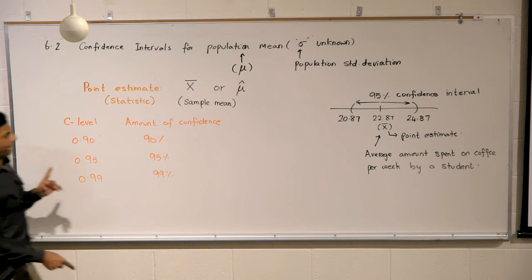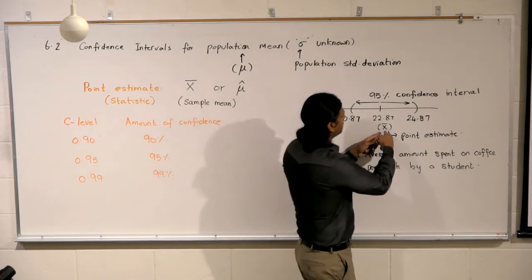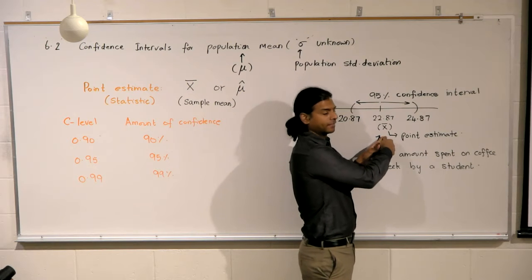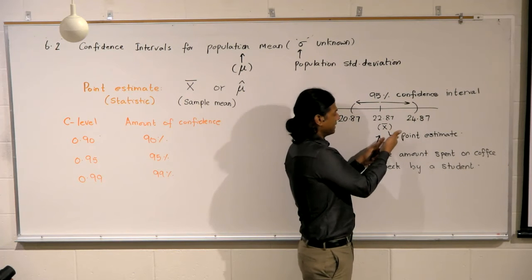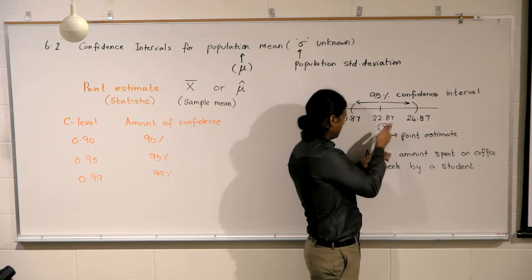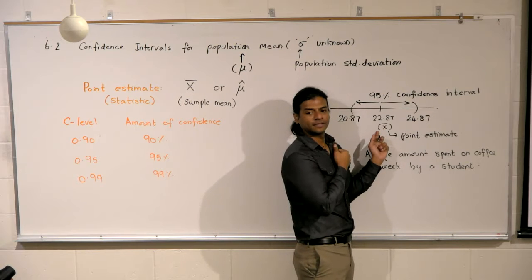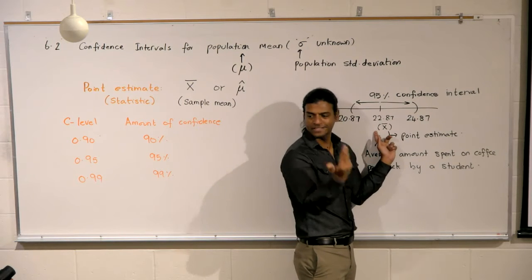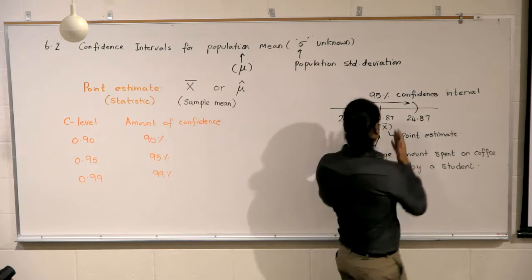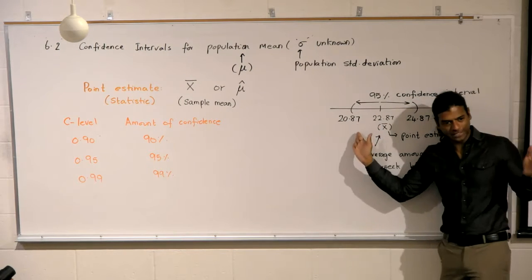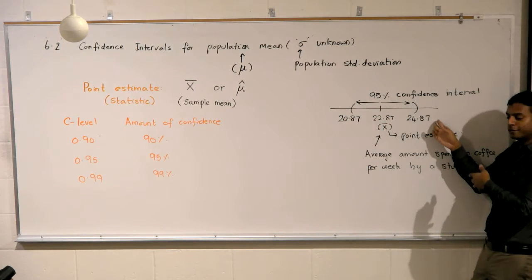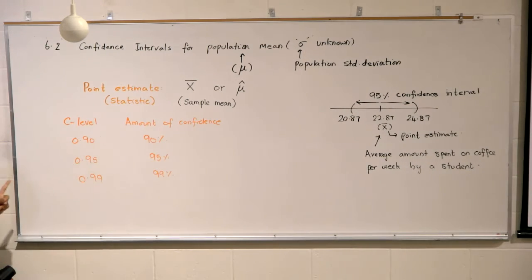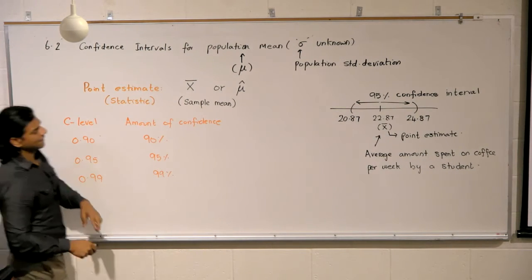Now, if you start here, you have to have some sort of a reason, or you need to justify how you went there and there, correct? I can't arbitrarily make stuff up on either side. There has to be a reason that I say, okay, it is going to lie between 20.87 and 24.87. That is our objective, to get to that rationale.